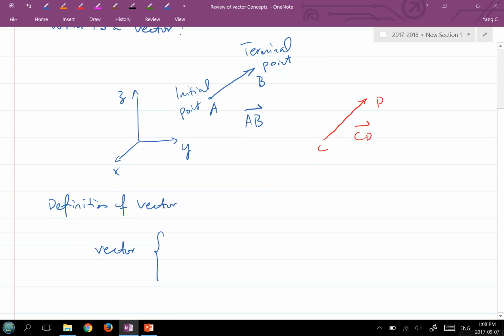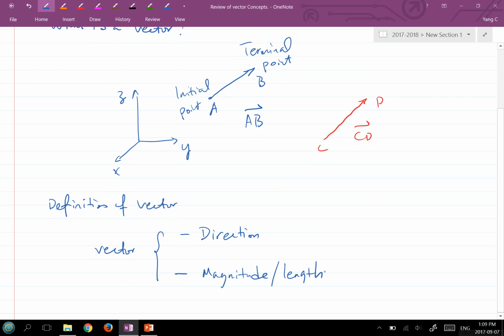The formal definition: if you want to call something a vector, you have to define two components. One is direction, the other is magnitude or length. These two elements define an actual vector.